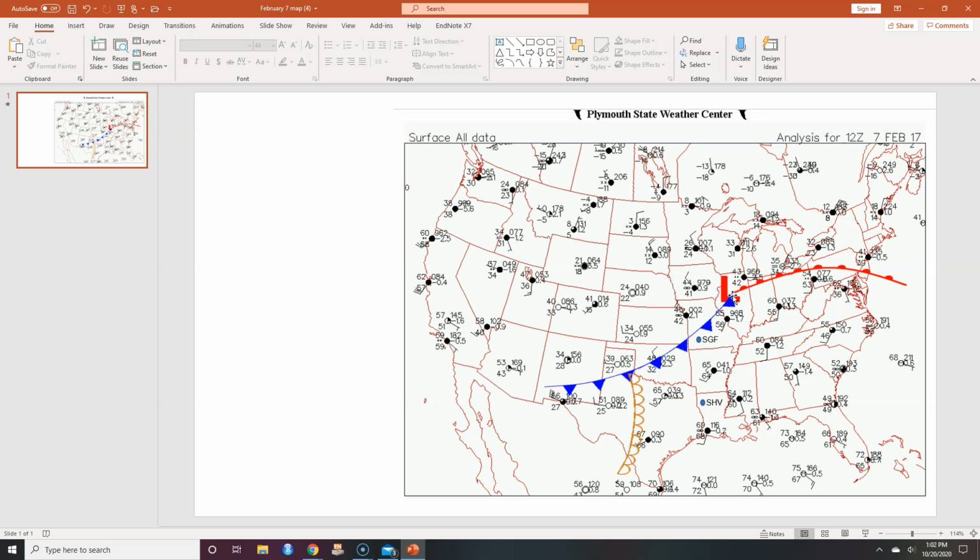Whenever you look at how this low pressure center is going to move, you have to remember it goes with the upper level wind systems, so it's going to be traveling in this direction. That low pressure system as a whole will actually be moving this way.